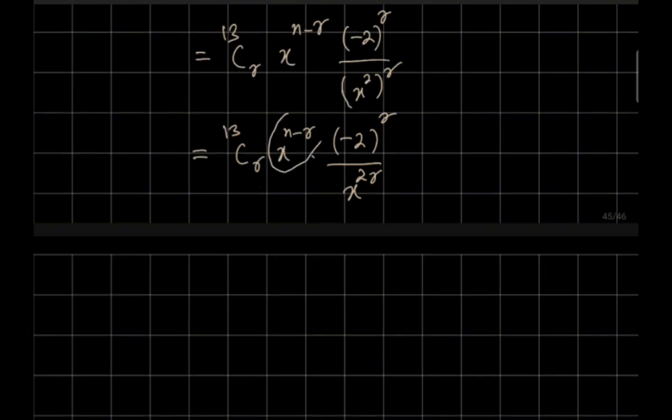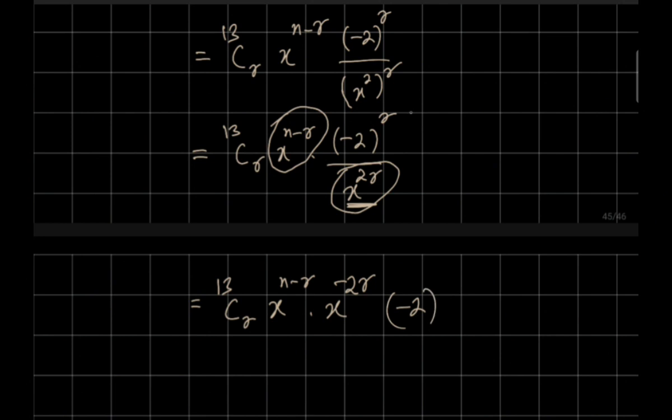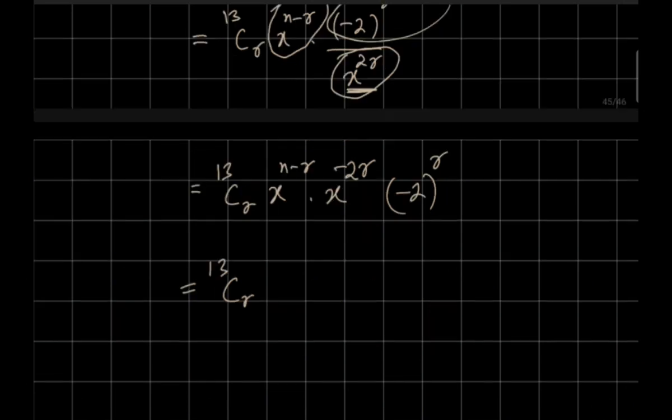Since the base of both expressions is the same, which is x, we can sum their powers. So 13Cr is as it is, x to the n minus r, and you can take this power to the numerator and we will get x to the minus 2r, and minus 2 to the r as it is.